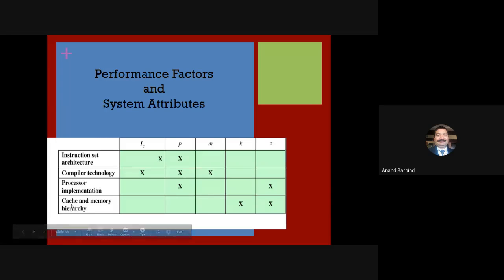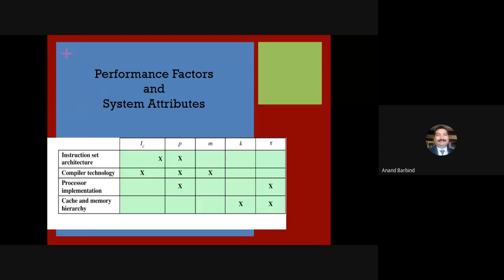Then there is whether you are using the cache memory, and how the memory hierarchy is. What is a cache memory? Cache memory is the fastest memory. It is the memory which is very close to the CPU and is much faster than your normal memory.